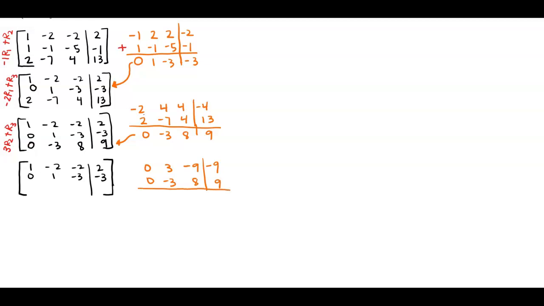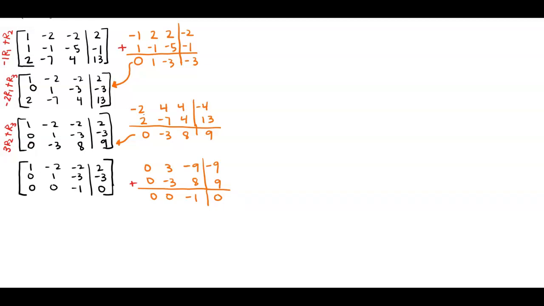And so when I add those together, I get 0, 0, -1, and 0. Okay, so that's going to be my new row here. That's going to give me 0, 0, -1, and 0.